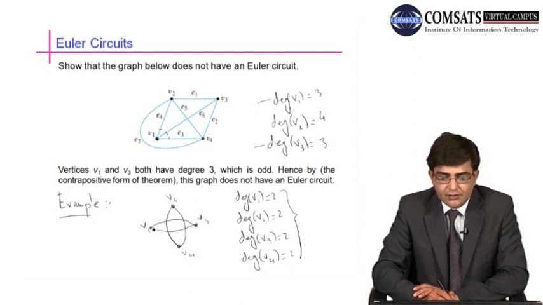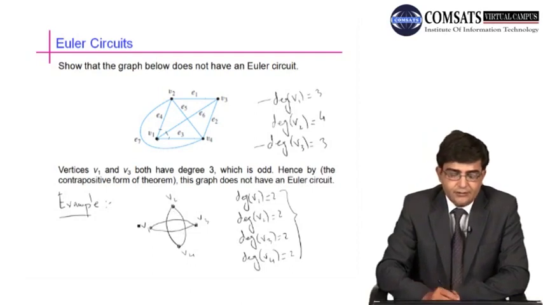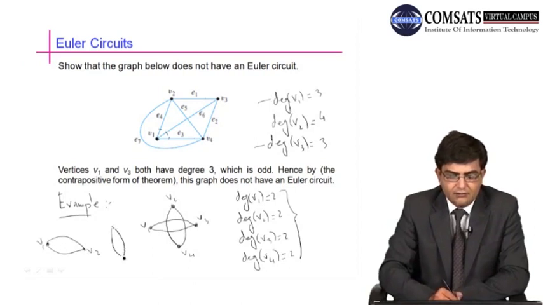But here you can see that this graph is not connected. We can draw this graph separately like this. Here we have v1 and v2, and the other part of the graph we can draw here. So here it is v3, here v2, here v4.